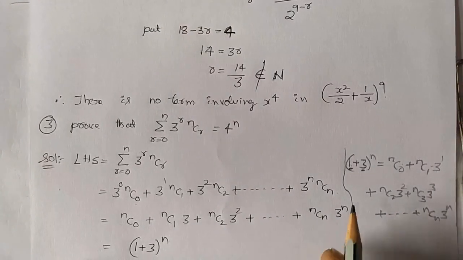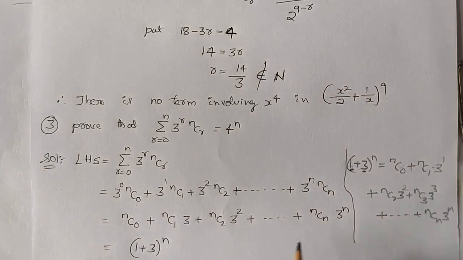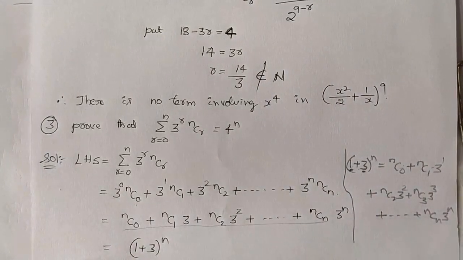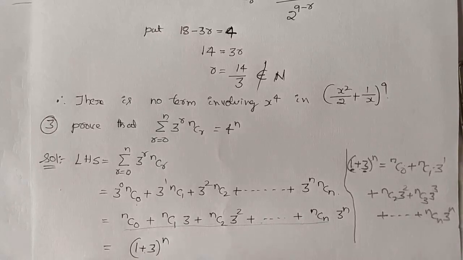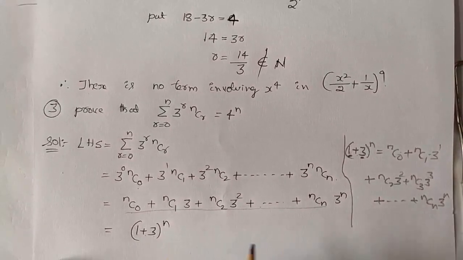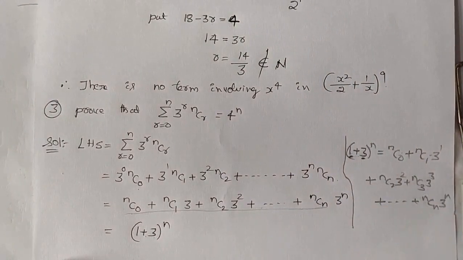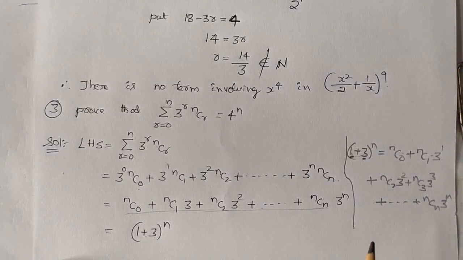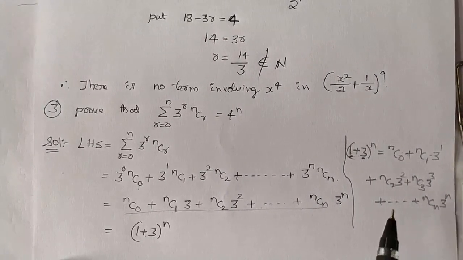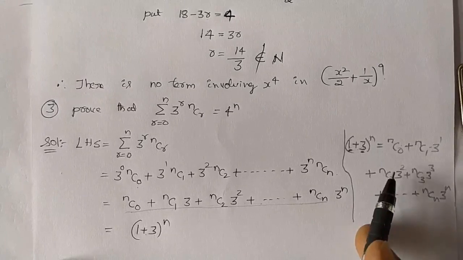If we expand (1 plus 3) whole power n, this is the expansion we will get. We already learned such expansions in our previous classes, and in the starting itself we solved many questions on them. If you want to verify, you can.